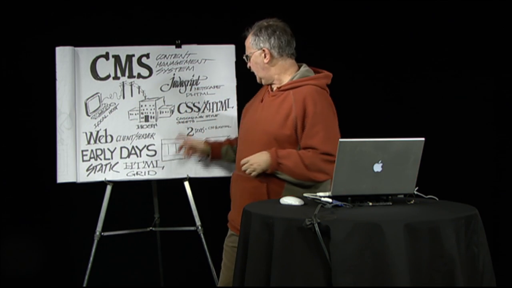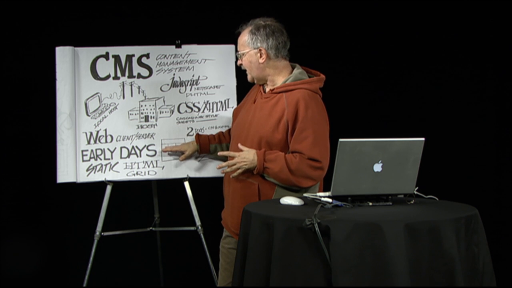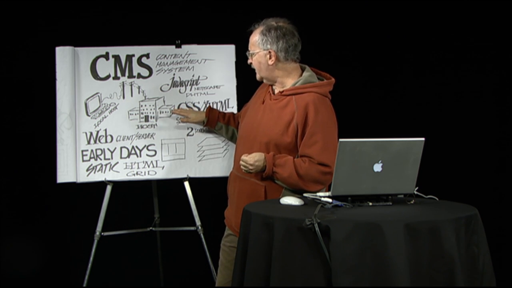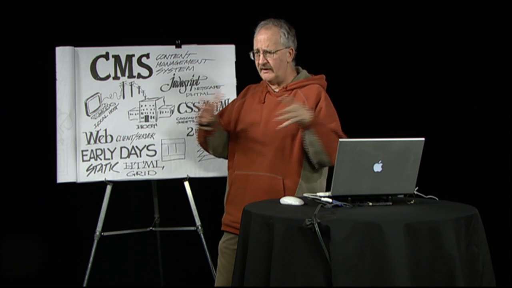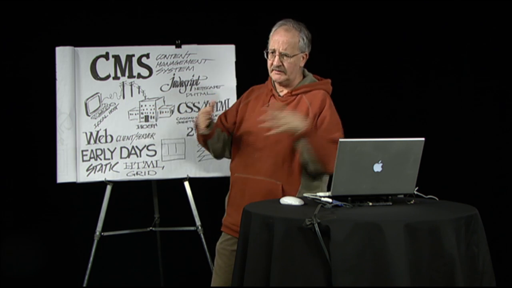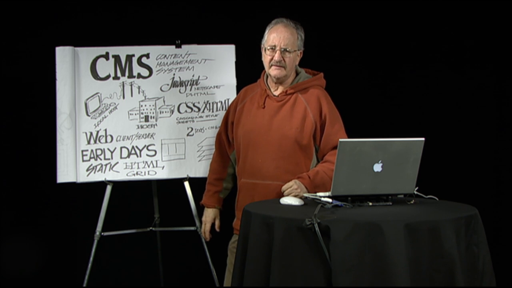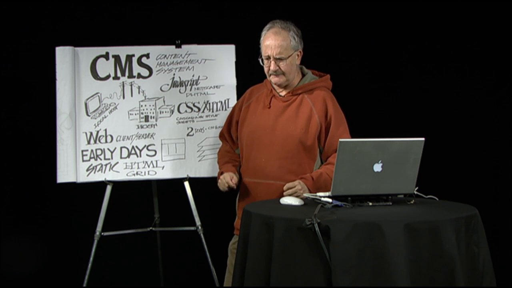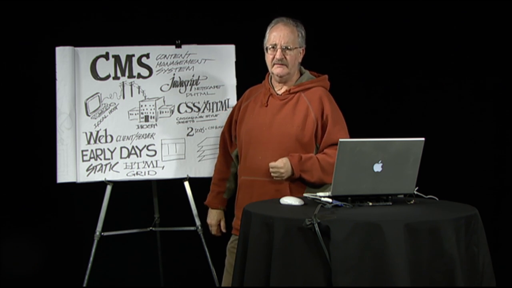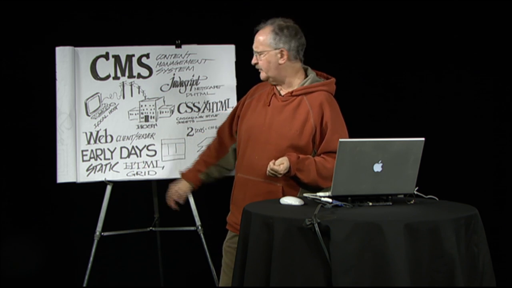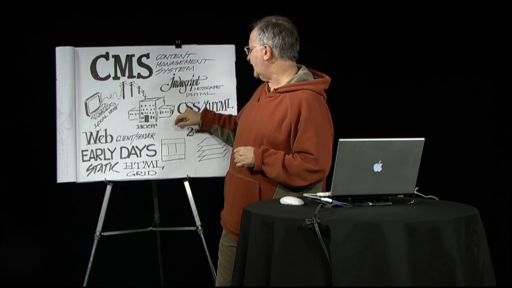XHTML is still dividing your site into blocks, but the CSS is responsible for how big that block is, the height, width, colors, everything that goes inside of it. It's way more exact than what we originally had with HTML.